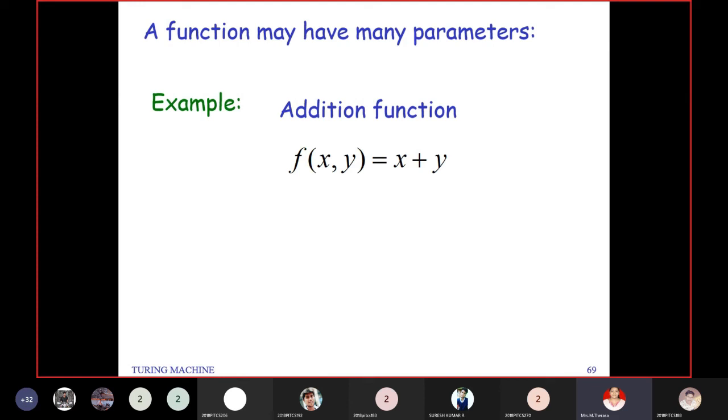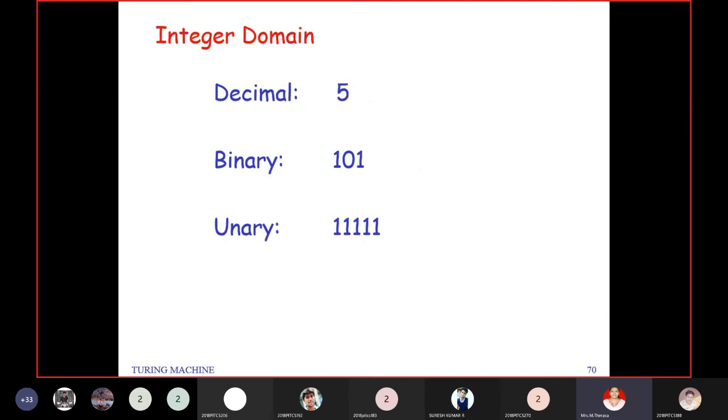Addition function: here f of x, y. There are two parameters passed to the addition function. What will be the result? We will get x plus y. When you pass two input strings x and y, you get the output x plus y. In the case of a Turing machine, it is good to represent numbers in unary format.